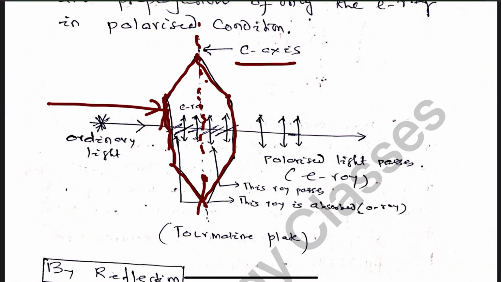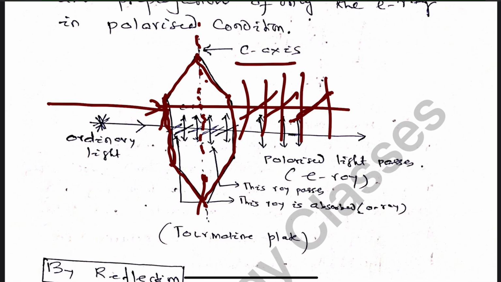This is the prism face. In that case, the light will pass straight and there will be two rays, one vibrating along this plane, one vibrating along this plane.